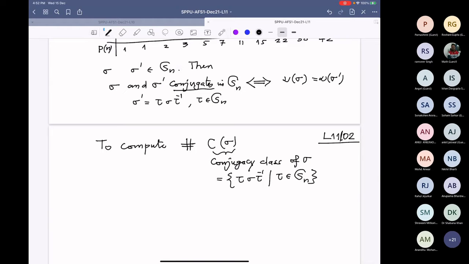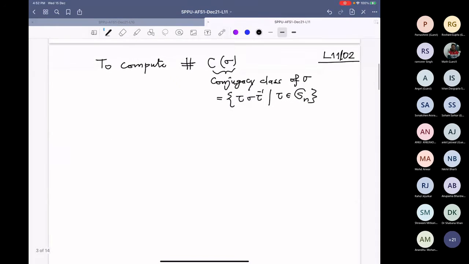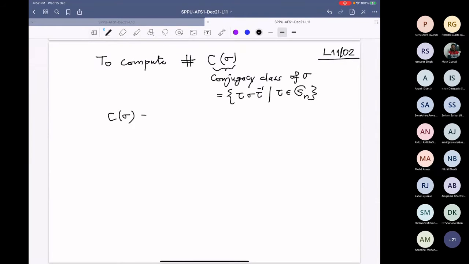All right. If I want to compute the conjugacy class, I will compute the stabilizer and the index of the stabilizer, because I know by the orbit-stabilizer theorem that the cardinality of this conjugacy class is the orbit of sigma under the conjugation operation of the group Sn on Sn.